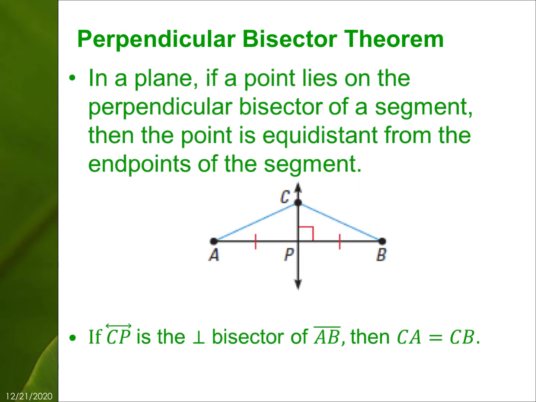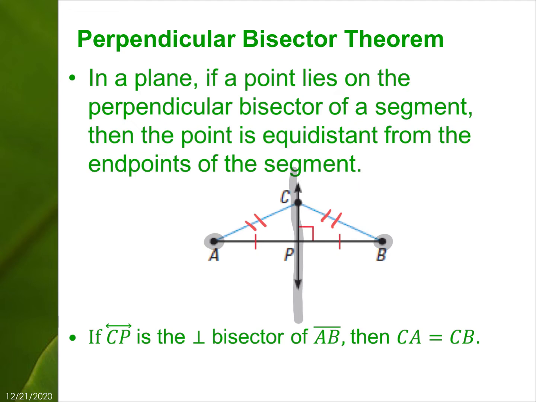So notice here, it says if CP is the perpendicular bisector of AB, then that will tell me that AC or CA is going to be congruent to CB. So any point that is on this perpendicular bisector here will be equidistant from the endpoints of the segment it bisects.